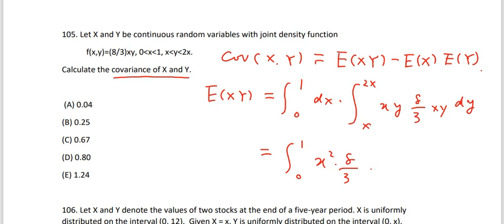Then for this part, dy, it's y dy, and y dy gives y squared over 2. So this is (2x) squared minus x squared, then dx.